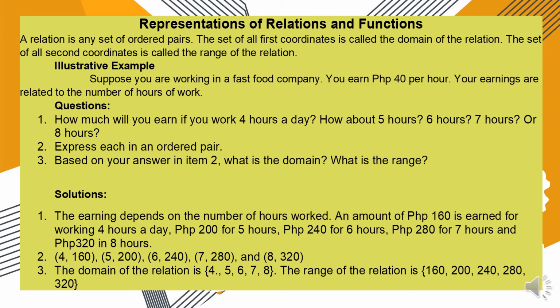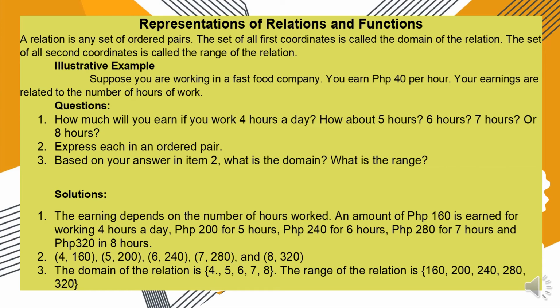The earning depends on the number of work hours. An amount of 160 pesos is earned for working 4 hours a day. So 200 for 5 hours, 240 for 6 hours, 280 for 7 hours, and 320 for 8 hours.